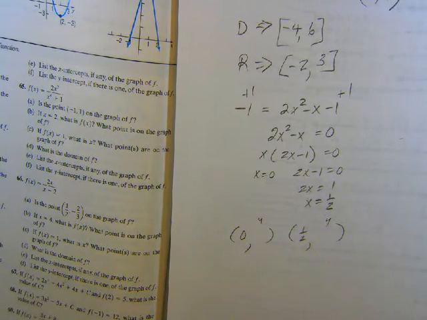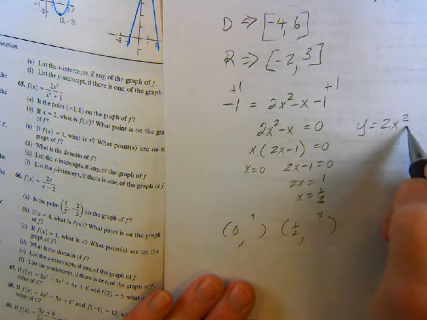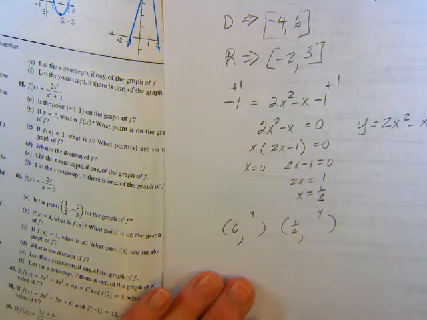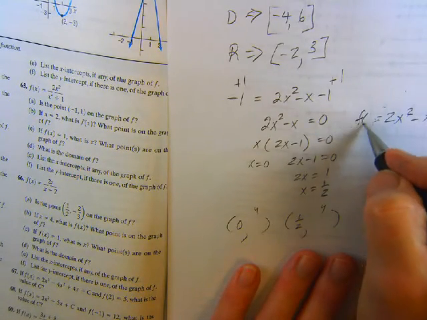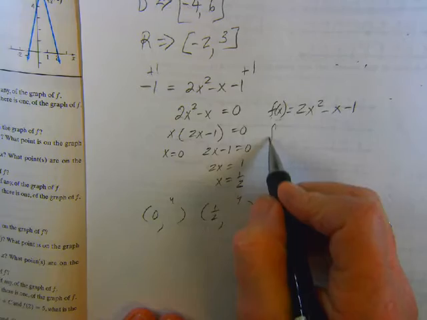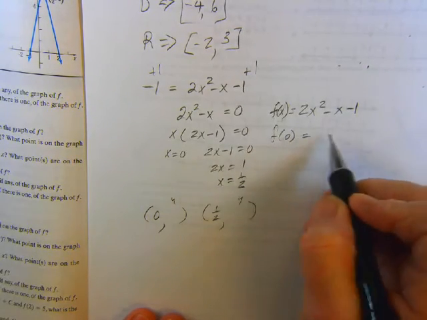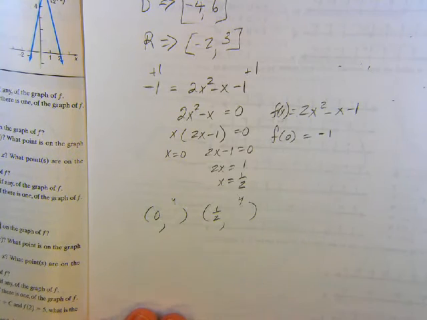Okay, the function is y is equal to 2x squared minus x minus 1, or you might have it written as f of x. So to find the y value at 0, I'm going to put f of 0 is equal to and plug it in. I'm going to get a negative 1, aren't I? So that's going to make my y value there.